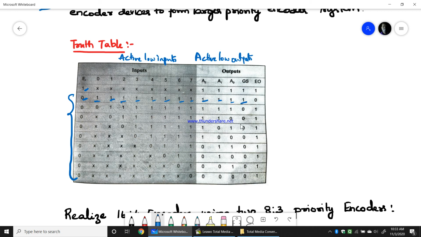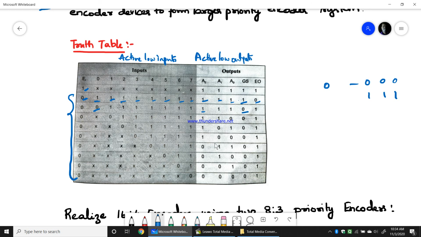Therefore group signal will be 1 because no inputs are active, and output will remain 0, whereas enable output will go 0. Then I will have 0 active, all others deactivated. Now the output will remain 0 because for 0 it is 0 0 0, and as it is active low it becomes 1 1 1.